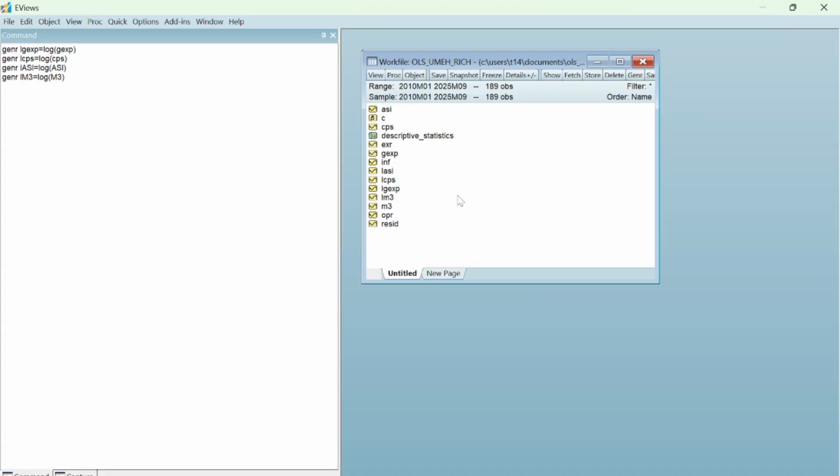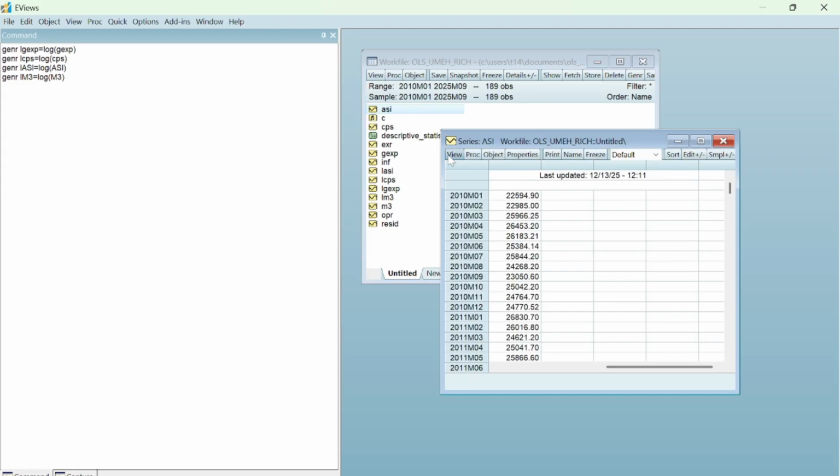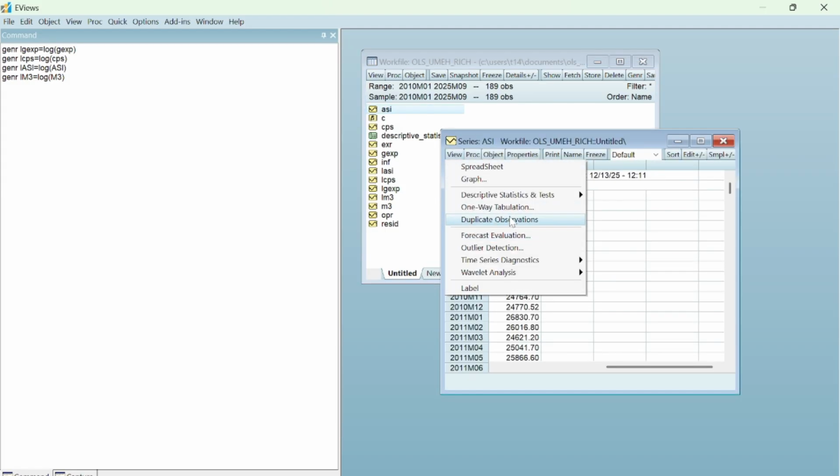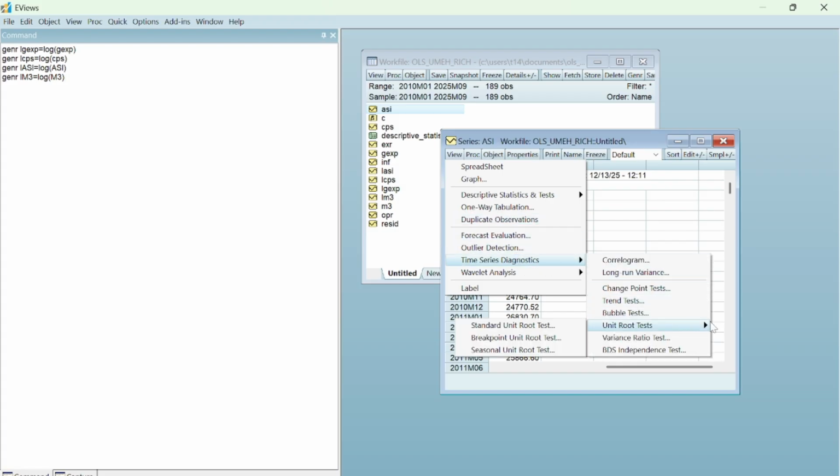What we have to do now is look for the unit root tests. Let's say we start from ASI. You click on it, click View, and the last time we checked, the unit root test was here.